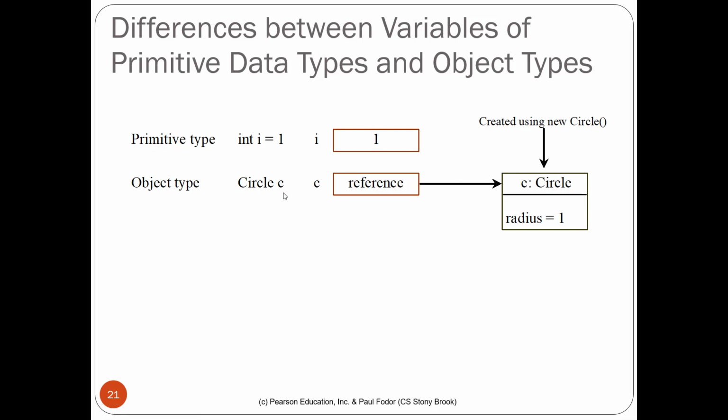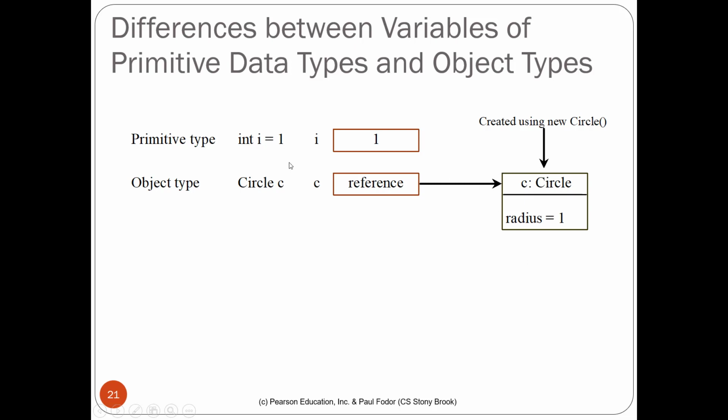Now we need to understand what values I and C are going to hold. I is a primitive type variable, so I will actually hold the actual value, which is 1. A primitive variable will hold the actual value which is being assigned to it, whereas a reference variable will not hold the actual value, but a reference value, the reference or the address of the object.